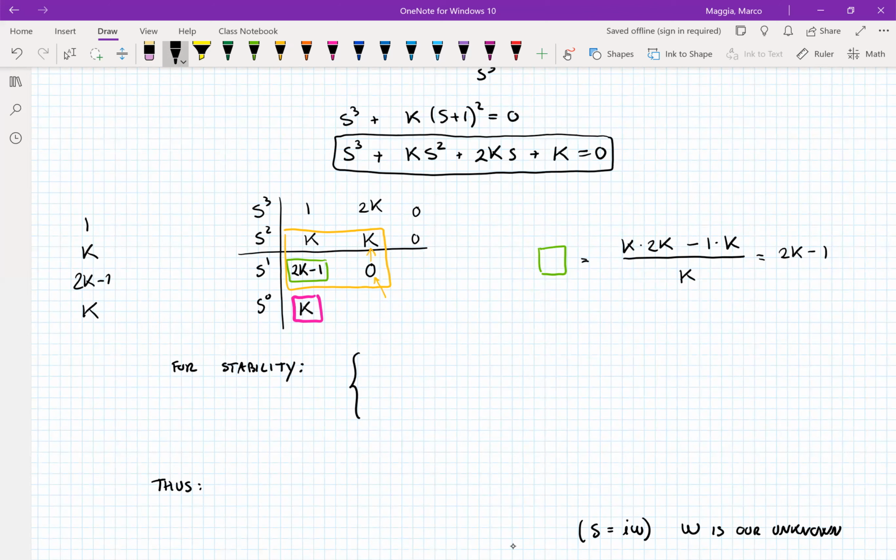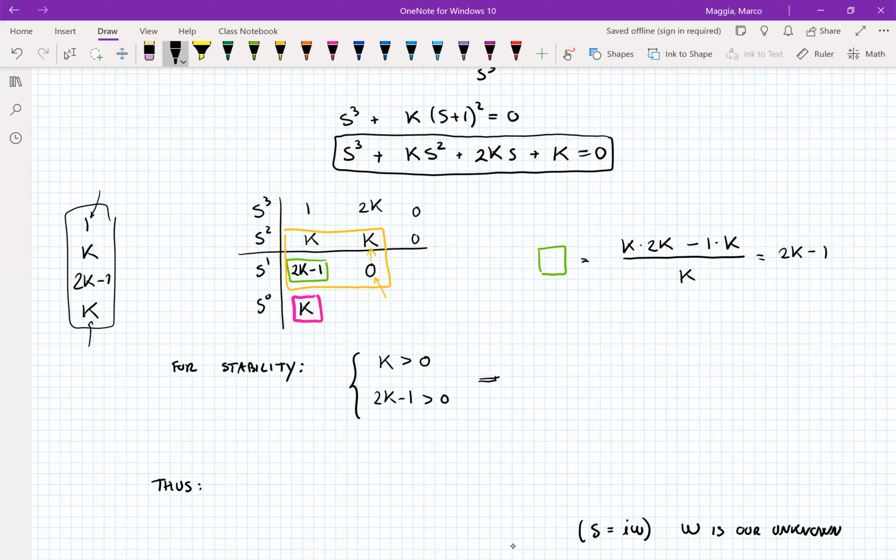So if we wanted the system to be stable, then we need all the elements to have the same sign. Since we have a plus 1 as the first term, then we need k to be greater than 0, and then 2k minus 1 to be greater than 0 as well. And of course, then we have the repeated k greater than 0 for the last term.